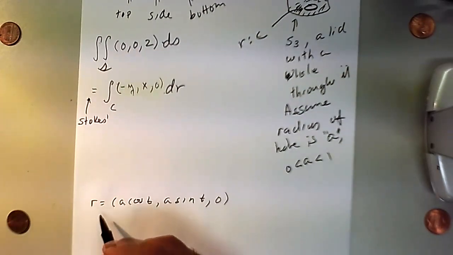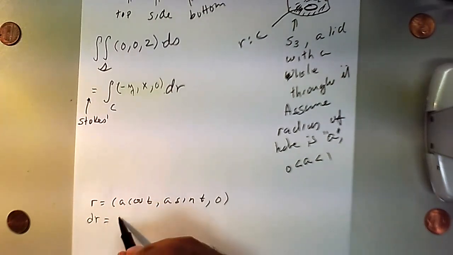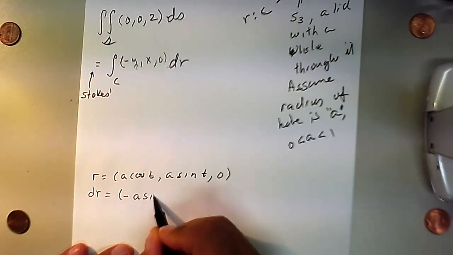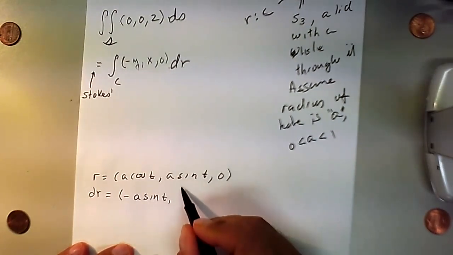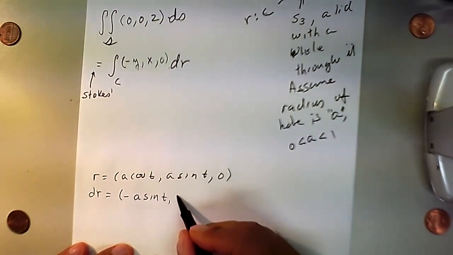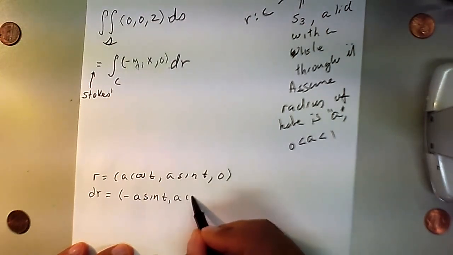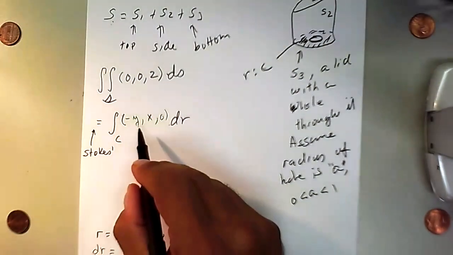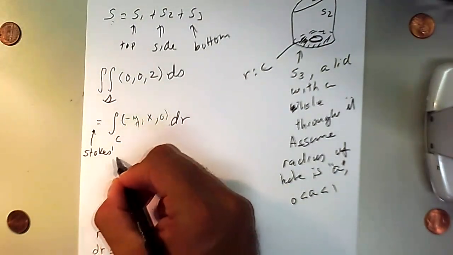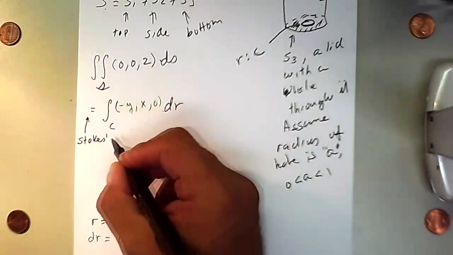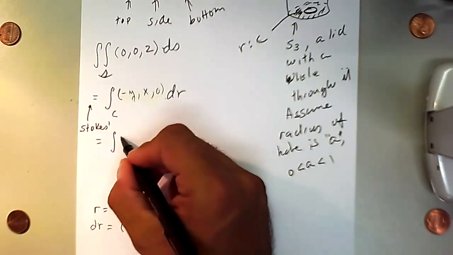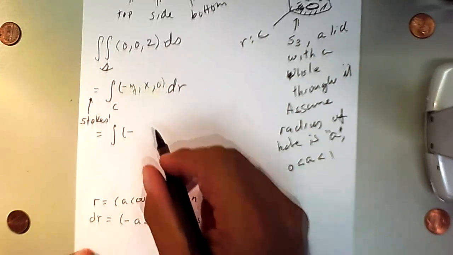Boy, that was a bad thing to do. dr would have to be negative a sine of t, a cosine of t, and 0. And so that's about it. So this integral becomes negative y.